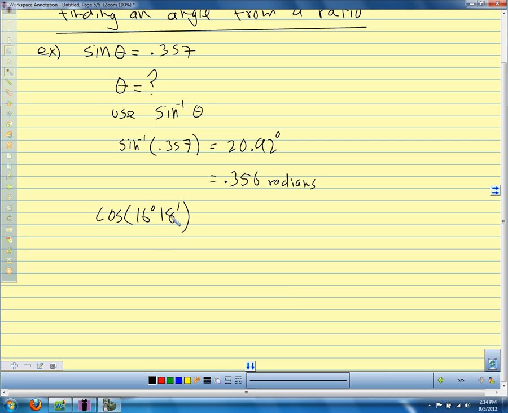Convert this to decimals first. So you're going to convert to decimal first. And then plug it in your cosine. So if you get a problem where you have to find the cosine of some angle that's in degrees, minutes, seconds, you have to convert it to decimals first. And then find the cosine or the tangent or the sine or whatever they ask you.